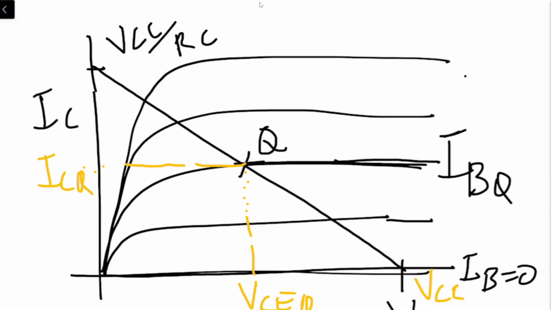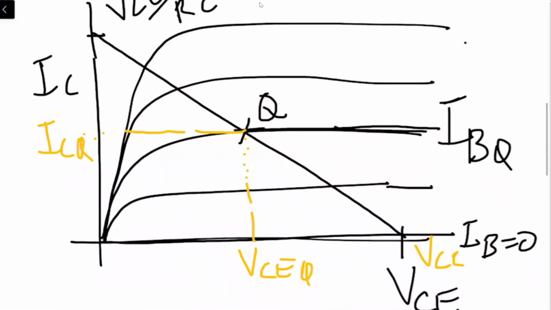So this means this is the Q point for the current and the Q point for the voltage over here. Are you with me? Yes, sir.